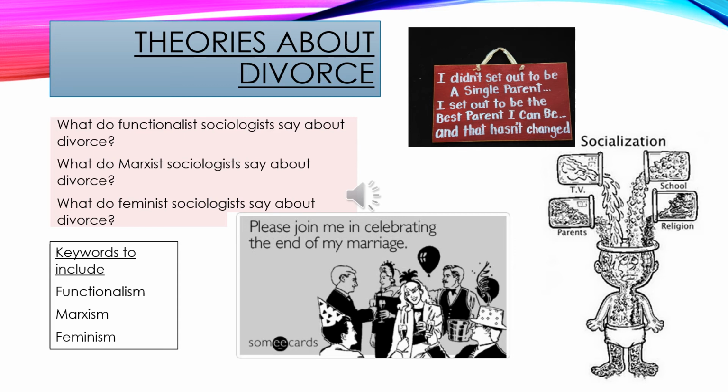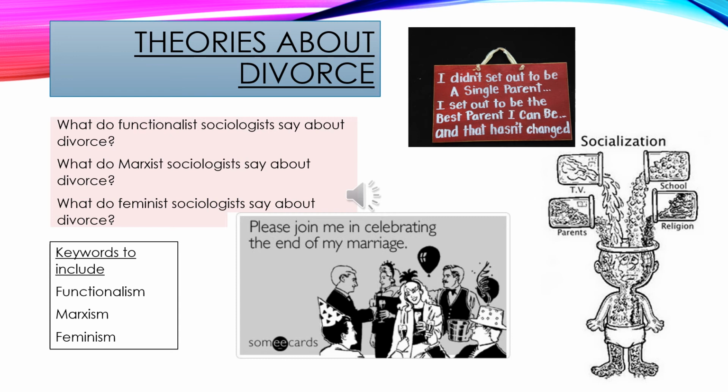This is obviously really difficult because something as personal as marriage and personal as divorce can be really hard to stereotype and can be really hard to make assumptions about huge groups of people. Therefore, when talking about why divorce occurs, you may want to make the distinction between general ideas such as infidelity, such as resources, such as personal happiness, and the specific cases.